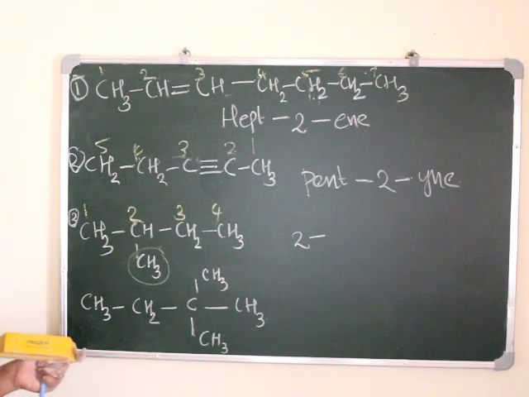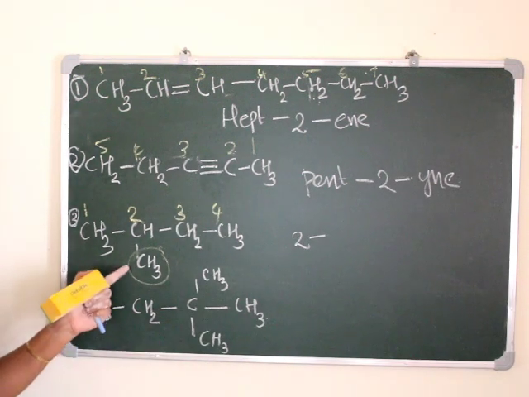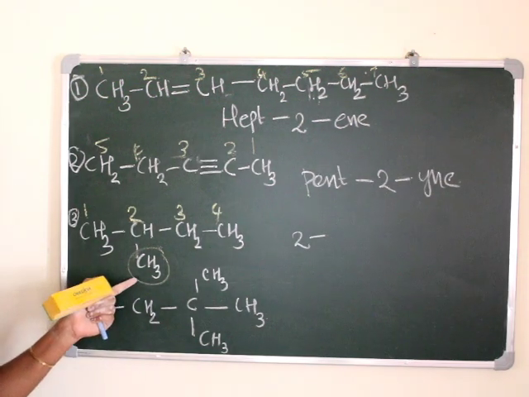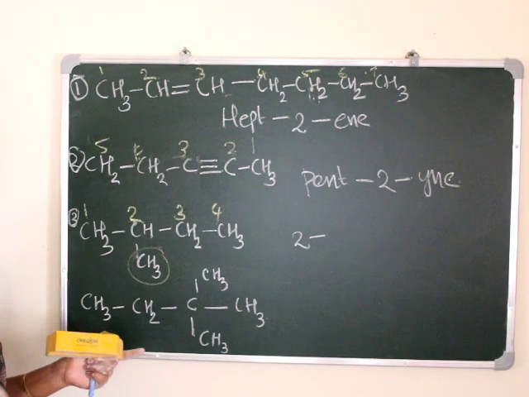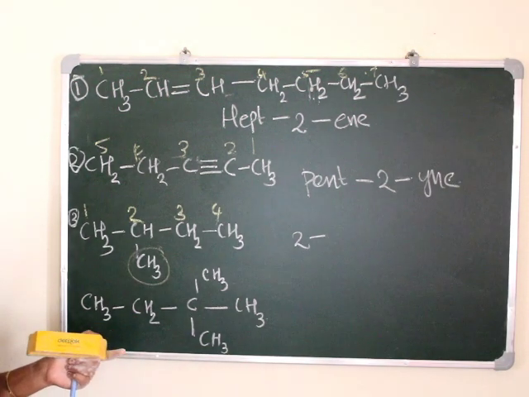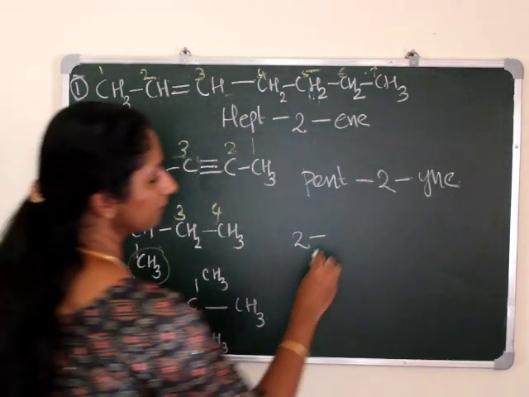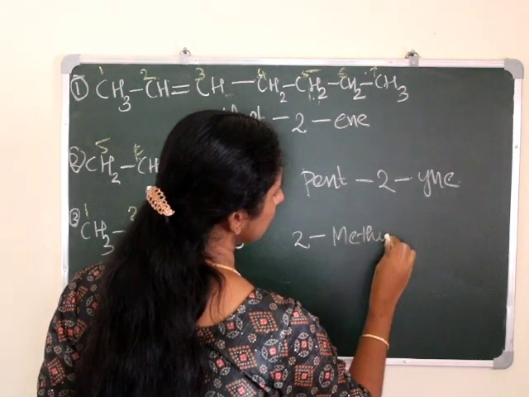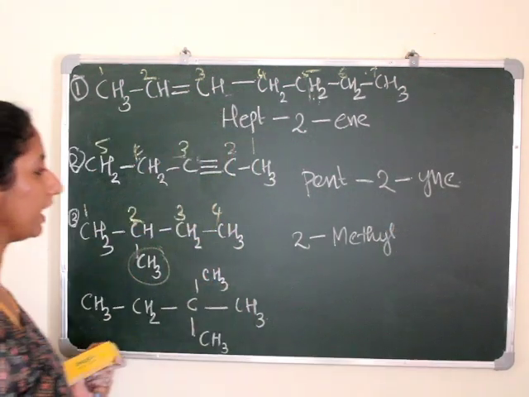Then we want to write the name of this particular branch. So the branch having only single carbon atom, and the formula is like CH3. So what will be the name of this particular alkyl group? For one carbon atom having alkyl group, the name will be methyl, right? So we can write methyl, 2-methyl.